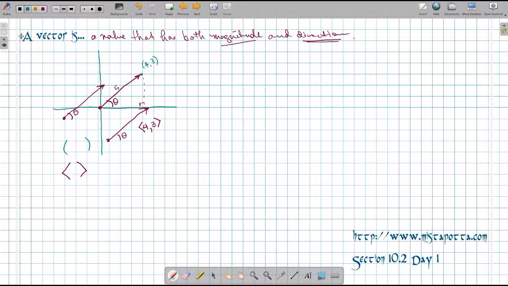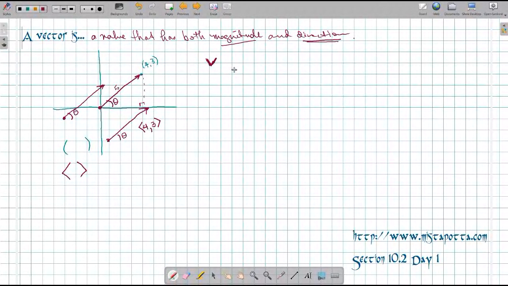And when mathematicians publish vectors, they try to use bold, so you'll see a bold letter V. But it's going to be very difficult for us to draw a bold letter.